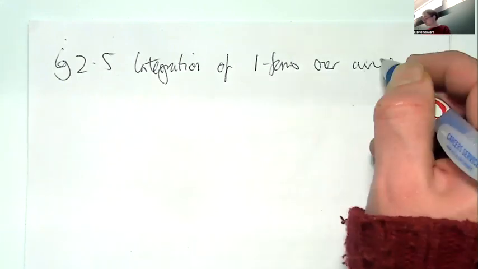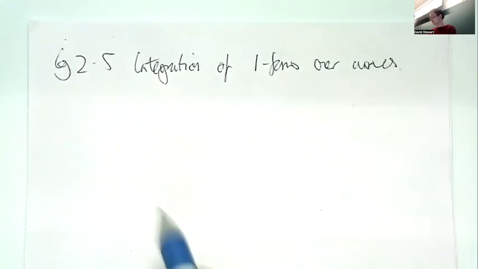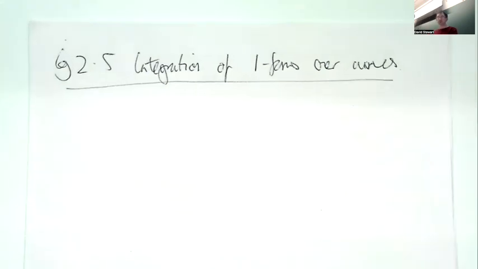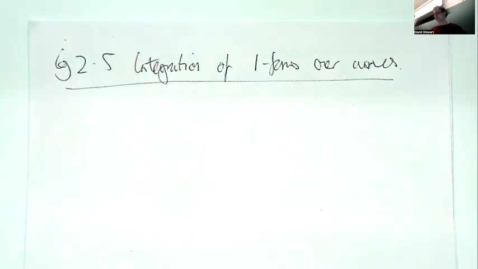So again, just to remind you, physically, we're taking inspiration from the idea of a force field. So a function that tells you at every point something like a vector that is a force that operates in that direction.